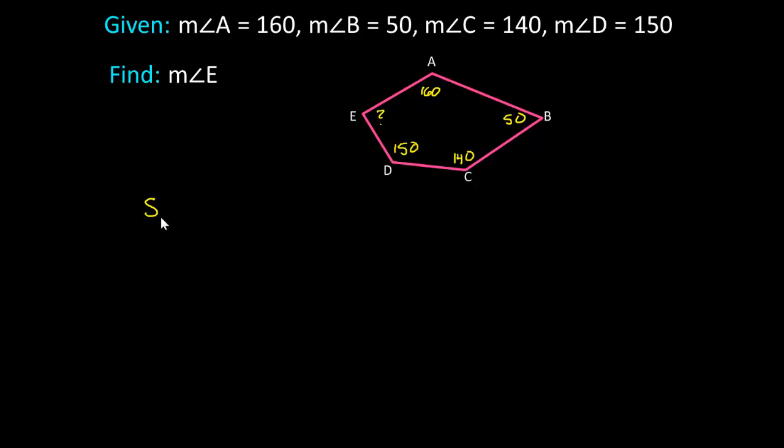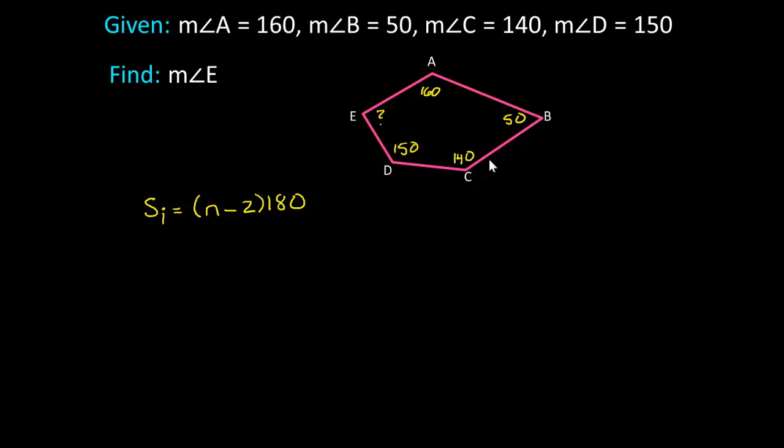Okay, S sub I equals number of sides minus 2 times 180. That's going to give us the sum of all of these angles, and since we have 4 out of the 5, that's going to be useful here.